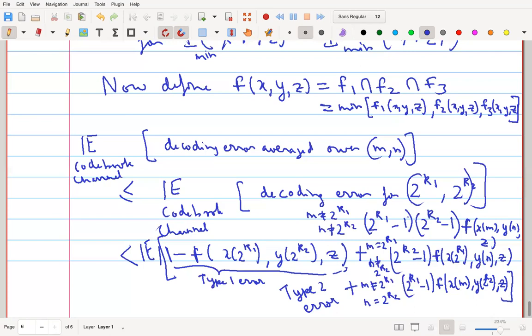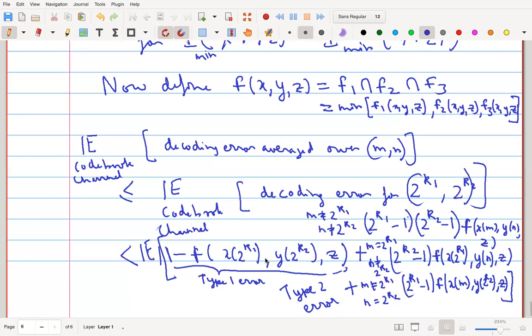So let us try to analyze this. I just do it on the side so that you can keep looking at the expressions. So now I'm doing expectation. Let us see what is the type 1 error. In the type 1 error, we are looking at the correct message candidate, 2 to the R1, comma 2 to the R2.